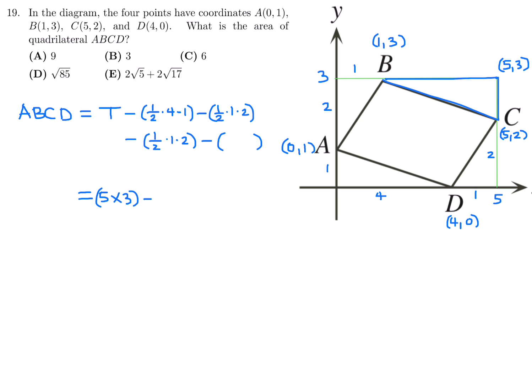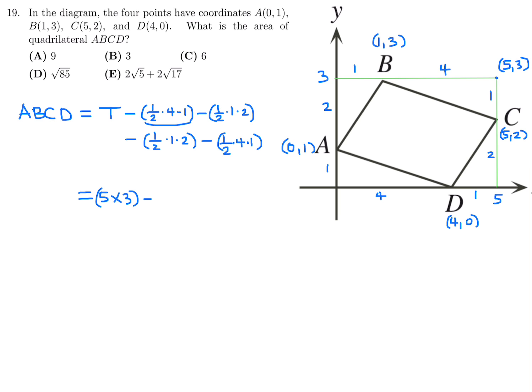And then finally this triangle, the base, we are going from 1 to 5, so that's 4. And then this height, we are going from 2 to 3, so that's just 1. So 1/2 times 4 times 1. All right, so here we go.